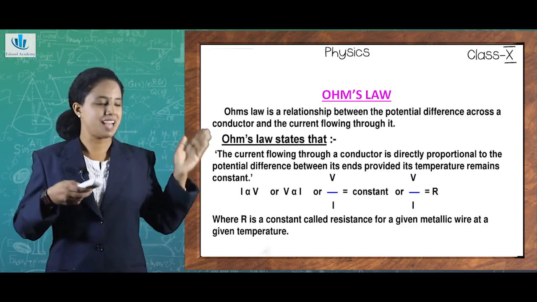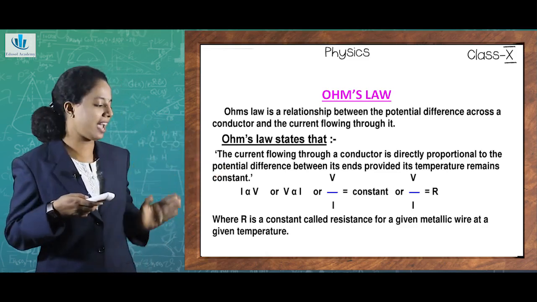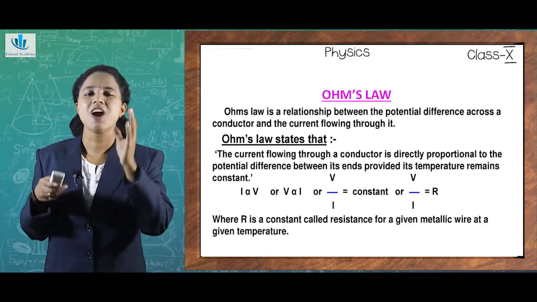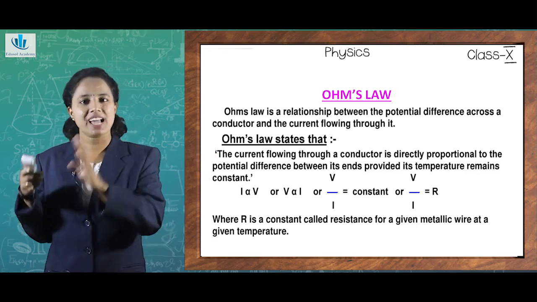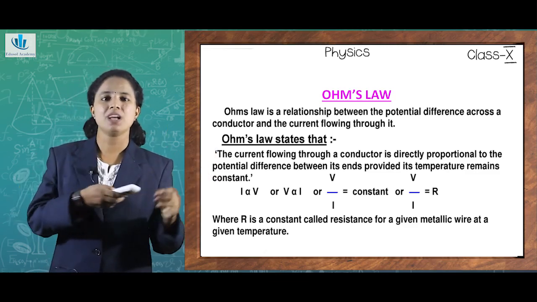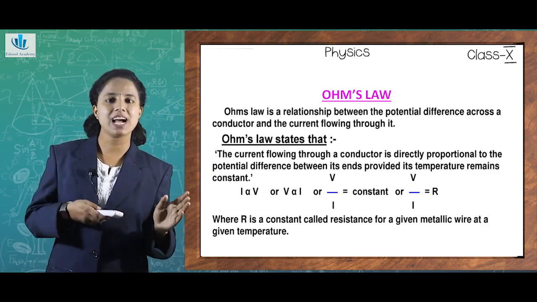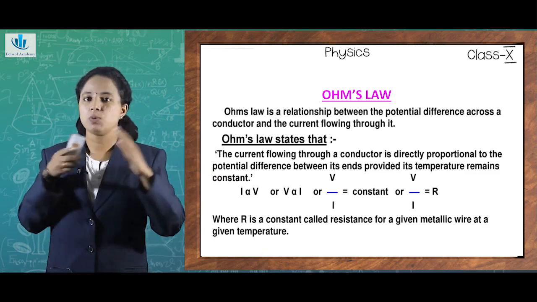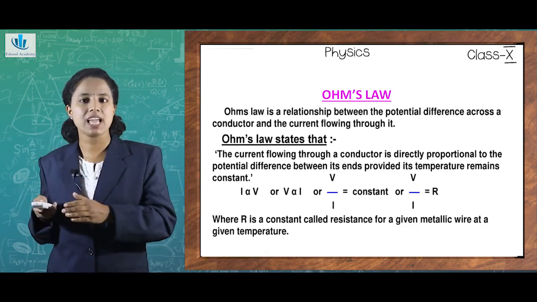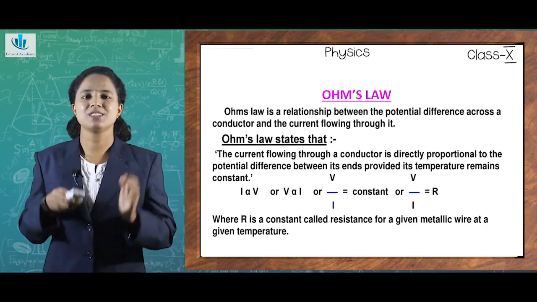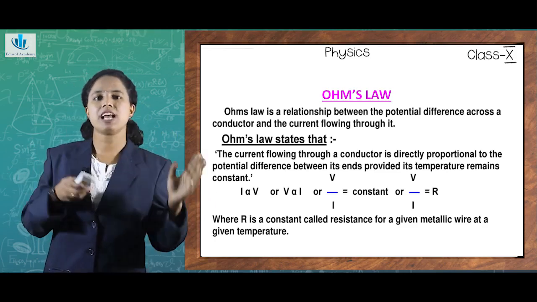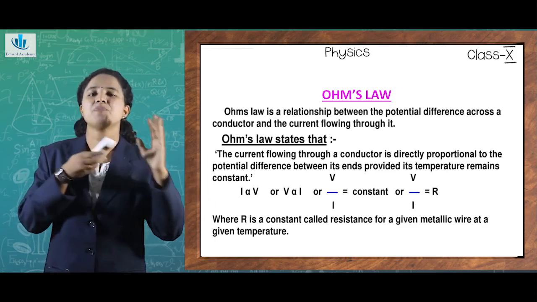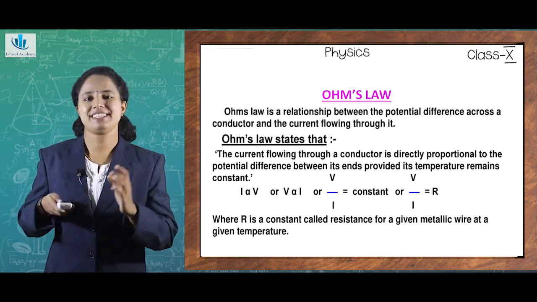So V equals IR, or V by I equals R, gives Ohm's law, in which I is directly proportional to V. If I am increasing I, V also increases. If I am decreasing I, V also decreases. So there is a direct proportionality between the current and the potential difference across the ends.